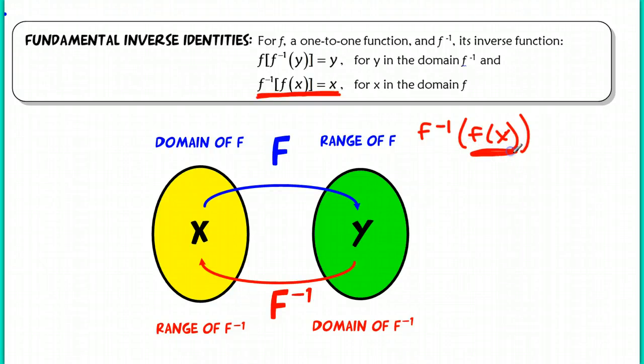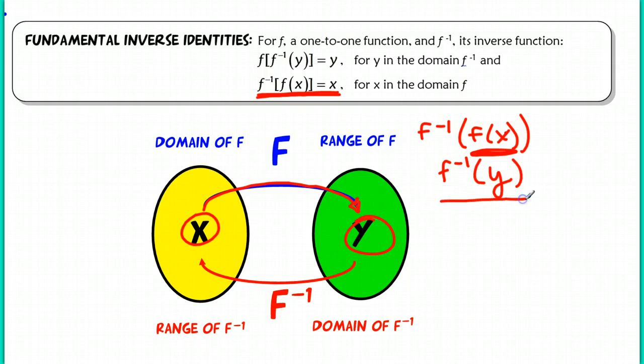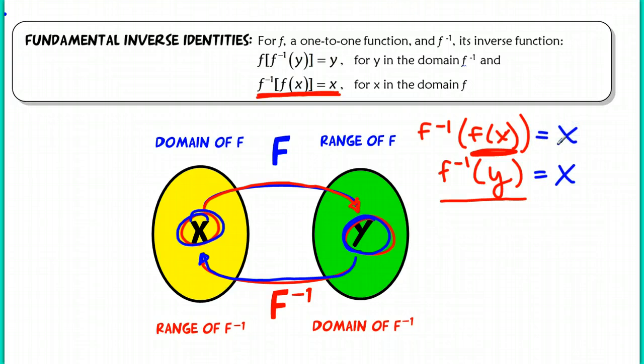Well, we know that f of x, this is x, f of x goes and travels in this way, and it gets me y. So this is y, that's the output of f of x. Now, if I take f inverse of y, I'm starting here, I'm applying this mapping of f inverse right back to where I started at x. So we just showed one of those identities.